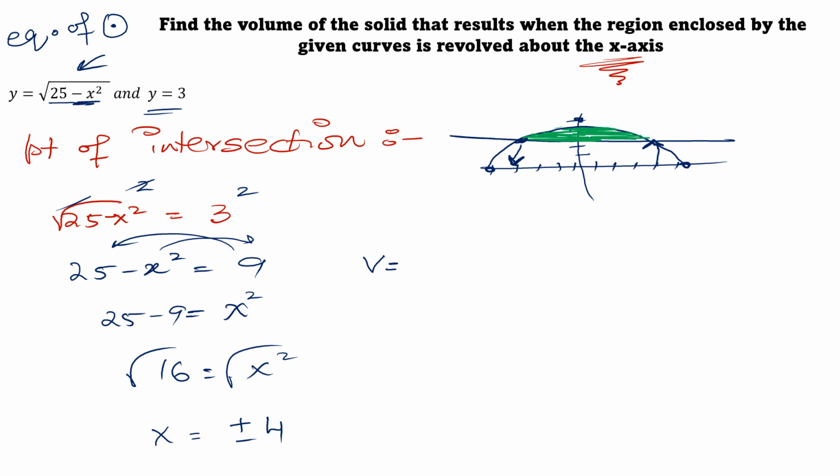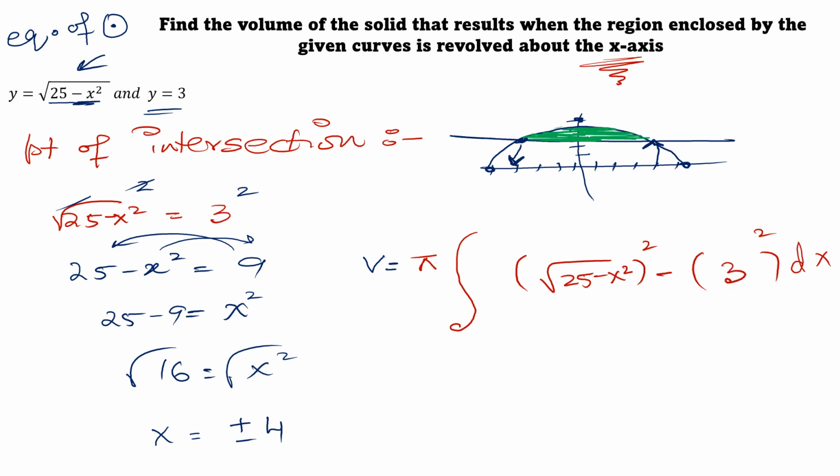Okay, so looking at this, I will write volume equals pi. Then since it is bounded by the two curves, top squared minus bottom squared. And everything should be written in terms of y equals f of x, so I will write dx. The equation of the top is square root of 25 minus x square and the bottom is 3.